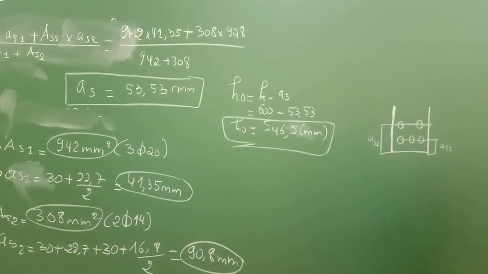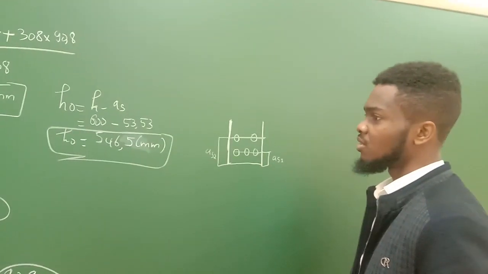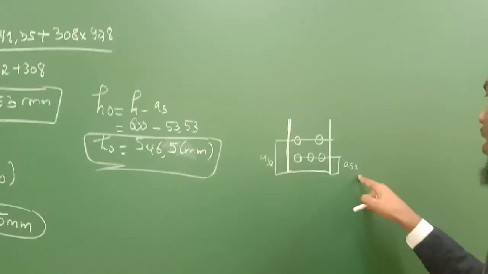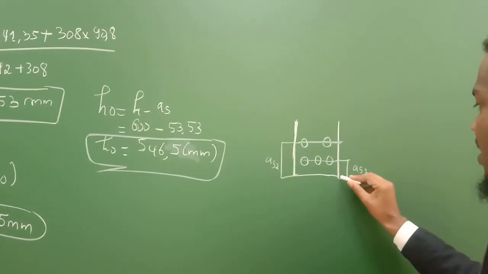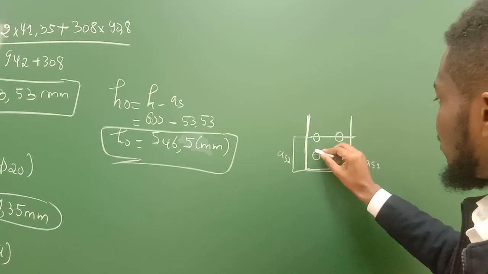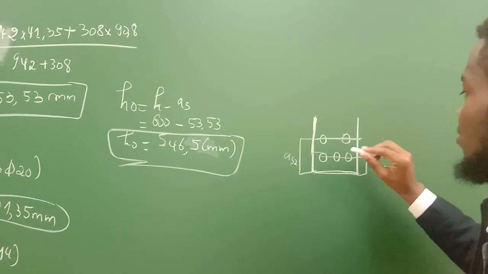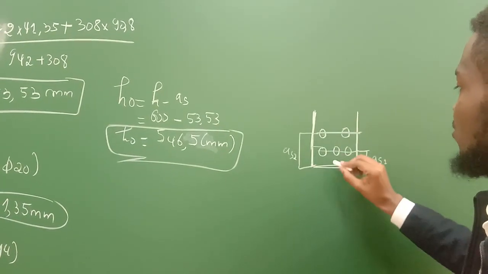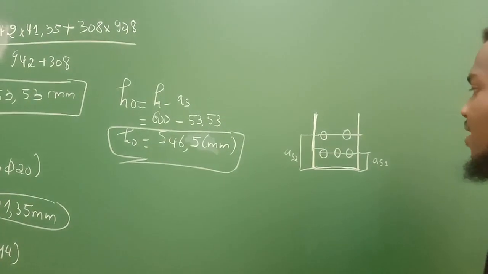To calculate the AS2, we have to calculate the distance between the bottom and here, and also the distance between the middle and here.